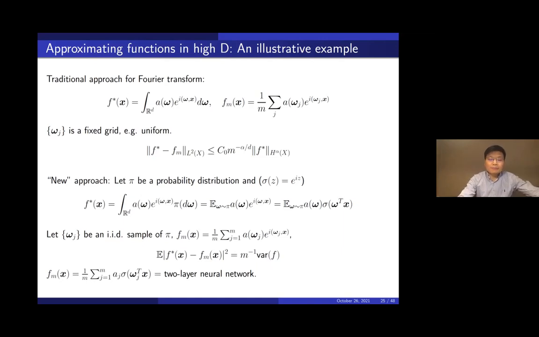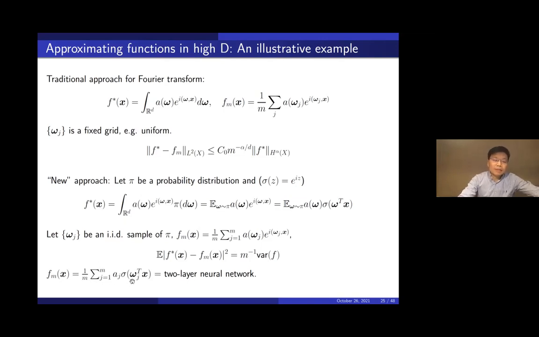What's important is that this expression here, this f_m, is nothing but a two-layer neural network with a special activation function, sigma, given by the exponential. If I write this as a_j and use the sigma here, then this is what I said before, the two-layer neural network.